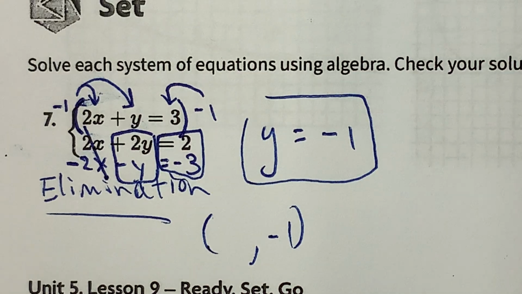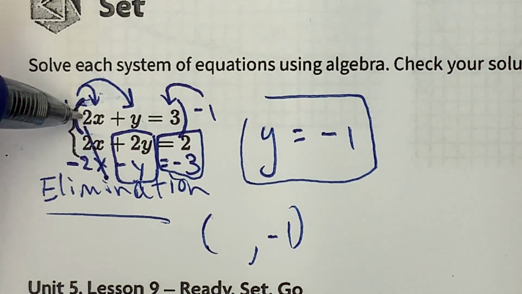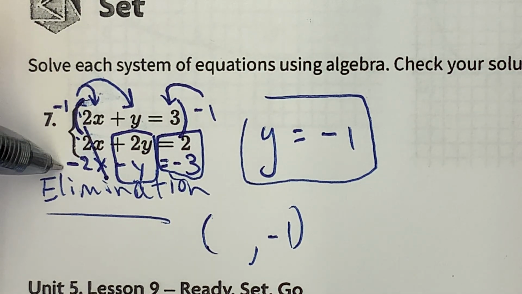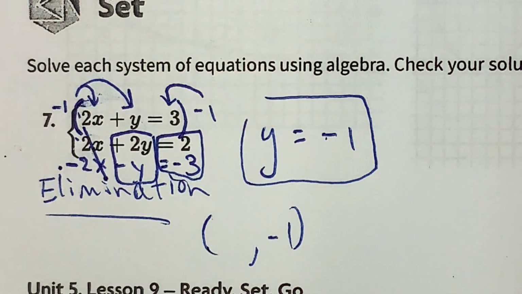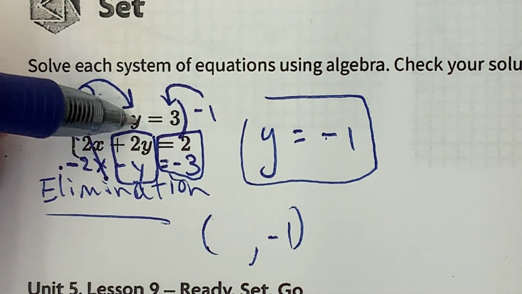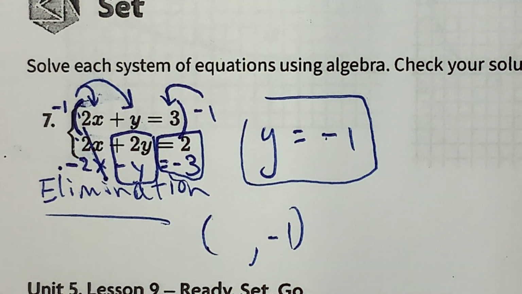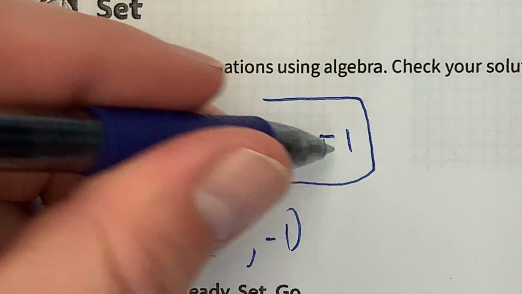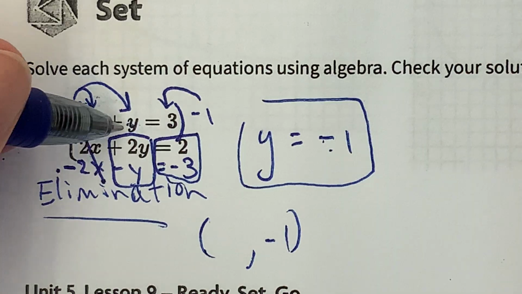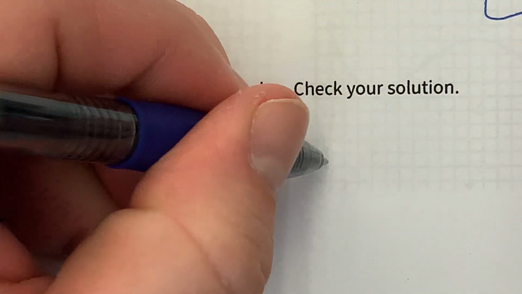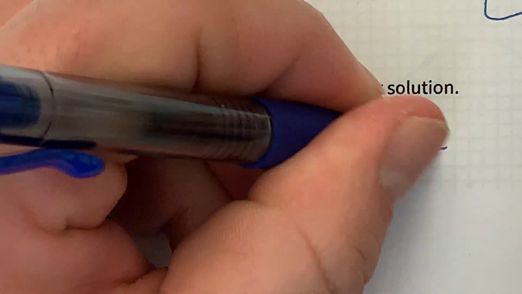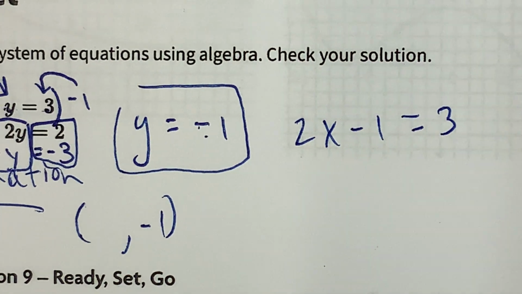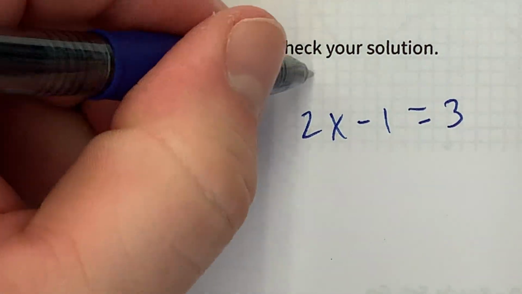But I need my x, and it's your choice. You can choose 1, 2, or 3 to throw in -1. You get to pick. I'm going to choose the top. Okay? Notice the top says 2x plus y equals -3, but y is -1. So it's going to be 2x minus 1 equals 3. I'll write it over here. So I'm choosing the top equation.